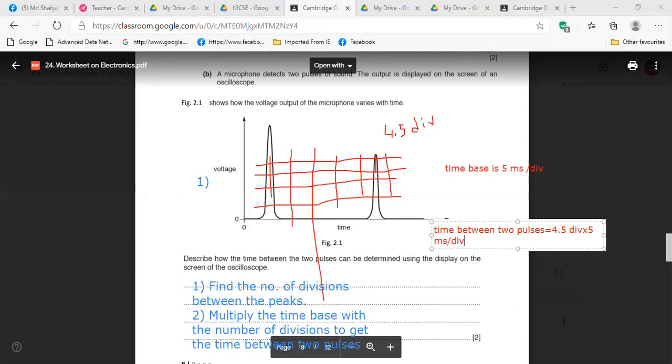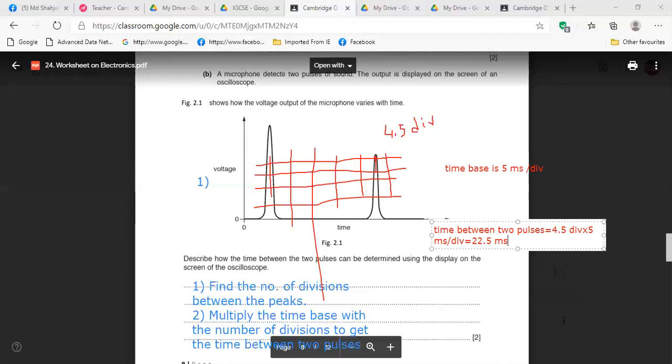Then division is cut. What is left? If you multiply 5 into 4.5, how much? 22.5. 22.5 millisecond. This is your time between two pulses.